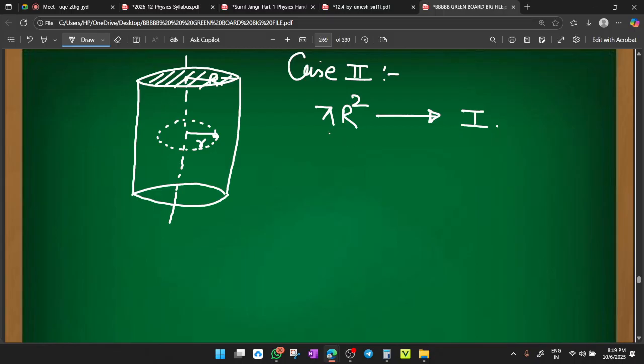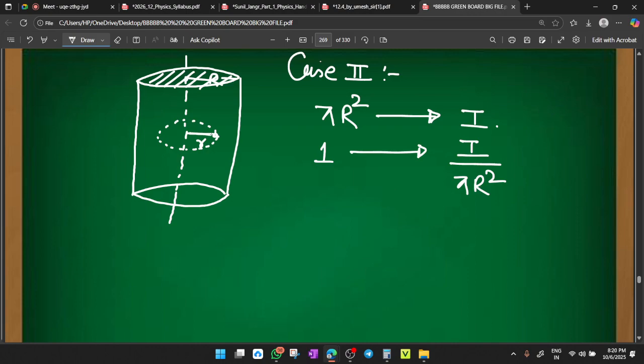The area pi R square is flowing a current I. So unit area will flow a current of I divided by pi R square. Once again, if pi R square area utilizes the current I, then unit area will utilize the current of I upon pi R square, right?